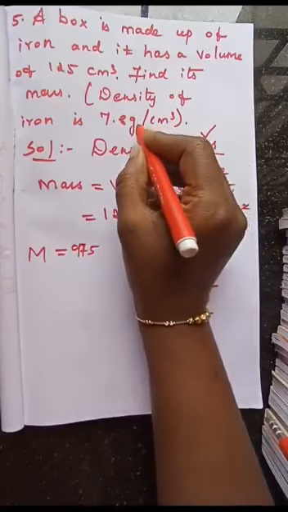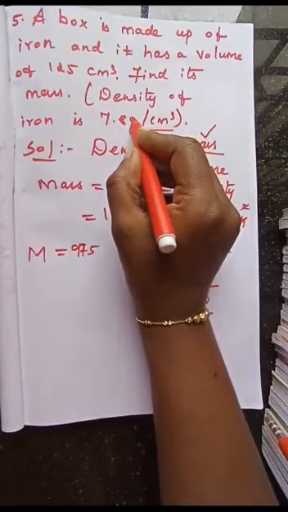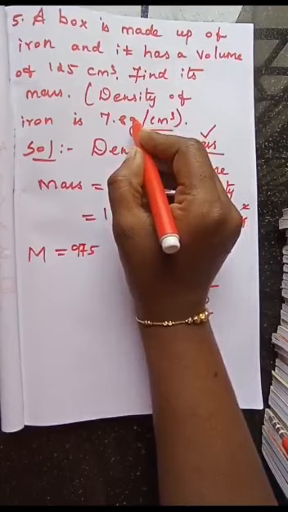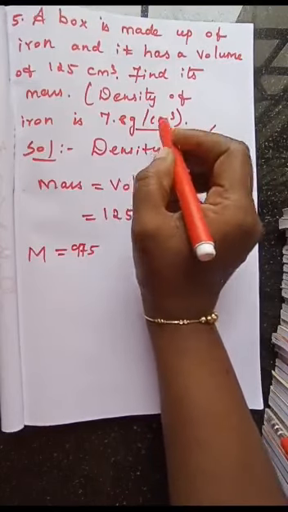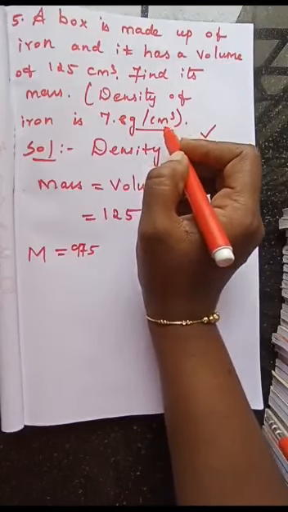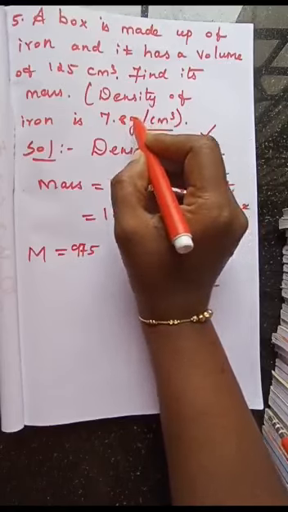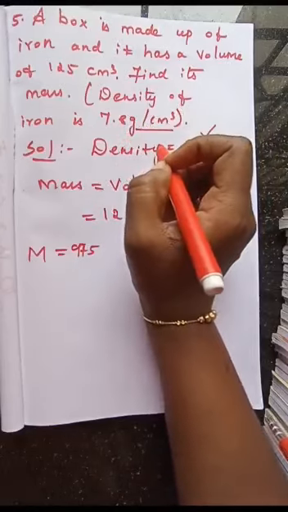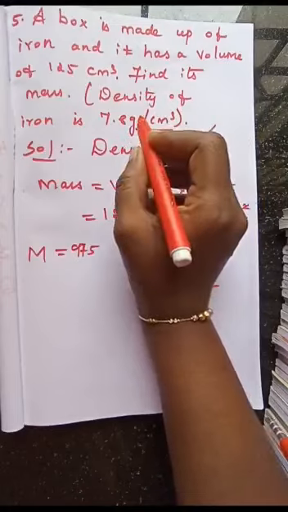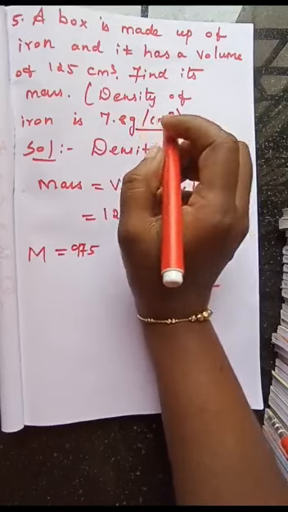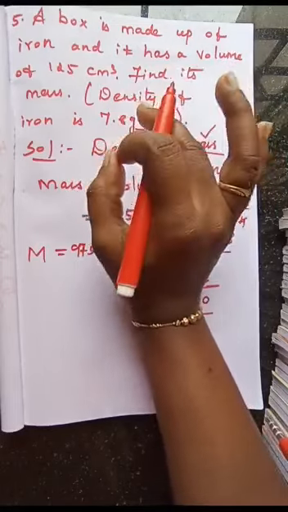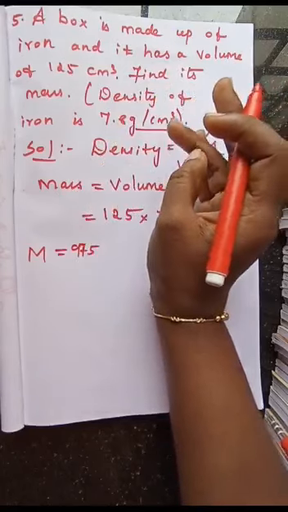In density, the unit is mentioned not in kilogram. You should see this as well: gram per centimeter cube. This is what system? CGS system: centimeter, gram, second. Do you remember that? While taking class, I have insisted on this too. We have 3 systems: MKS, CGS, FPS.